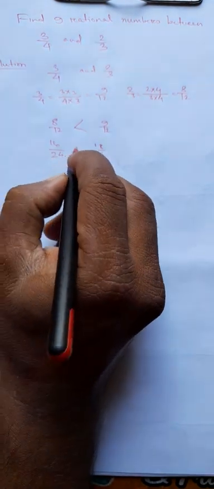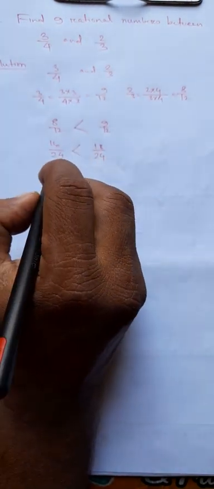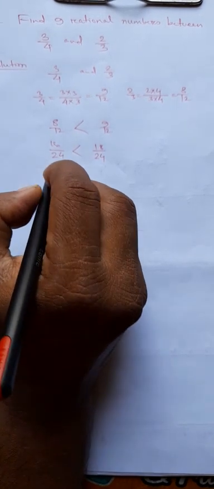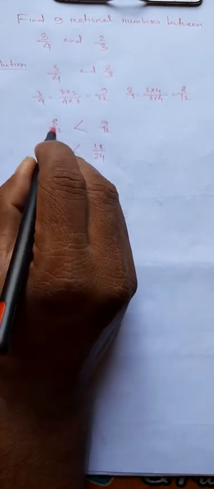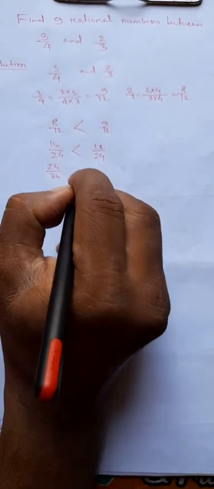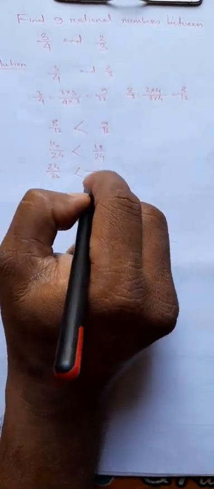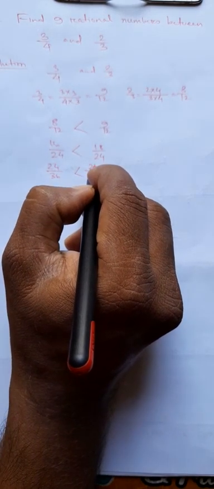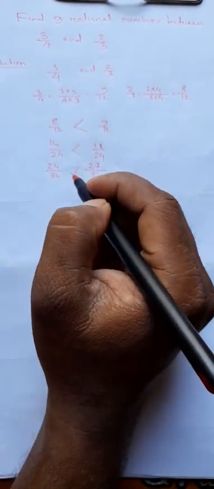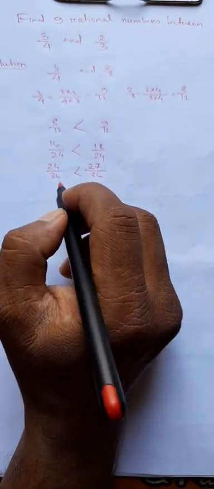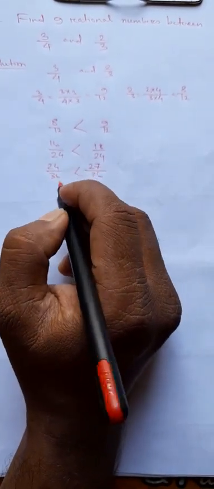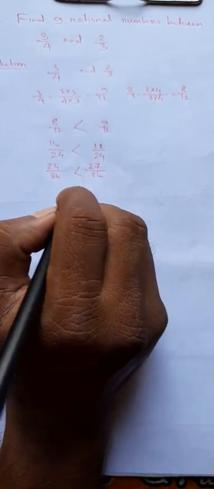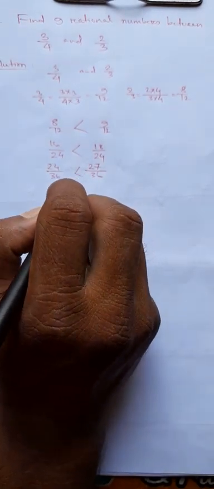So we still have to convert this into like fractions with a bigger denominator. So 36, multiplied by 3, 3 8s are 24, 3 9s are 27. Now in between 24 and 27 you can imagine some rational numbers, say for example 25/36, 26/36. That means you got only 2 numbers.